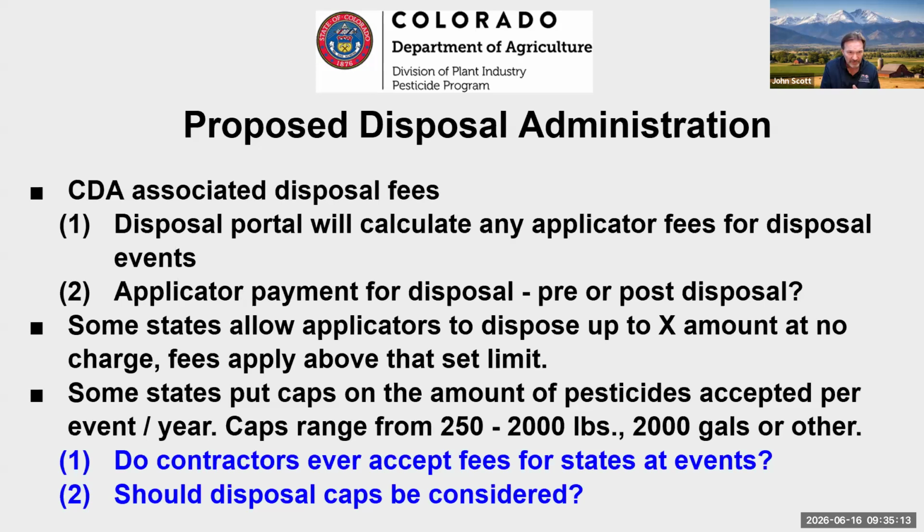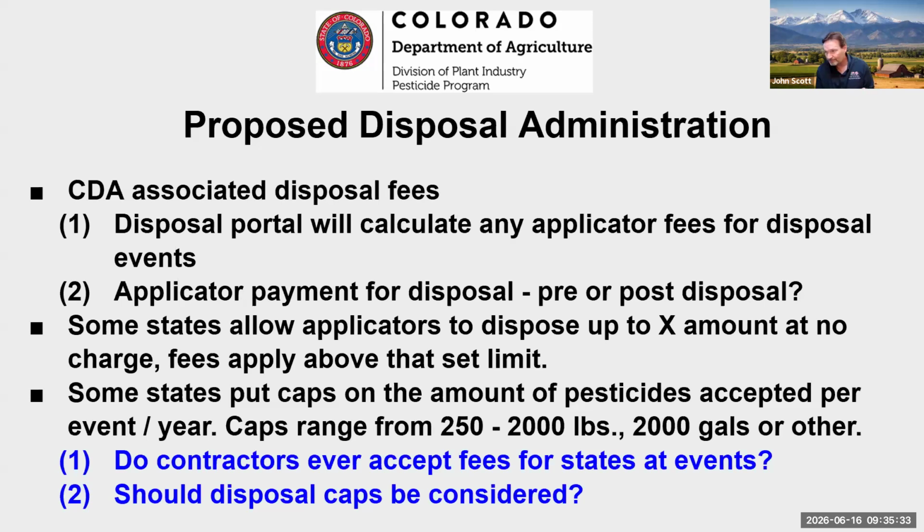But one of the questions that has come up as we've started to work through this is the applicator payment: whether it can be pre-disposal, so whether we can charge them at the time they register for the event, or does it have to be post-disposal or at the time of the event?